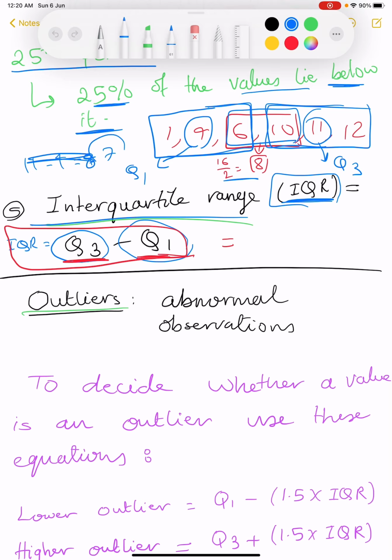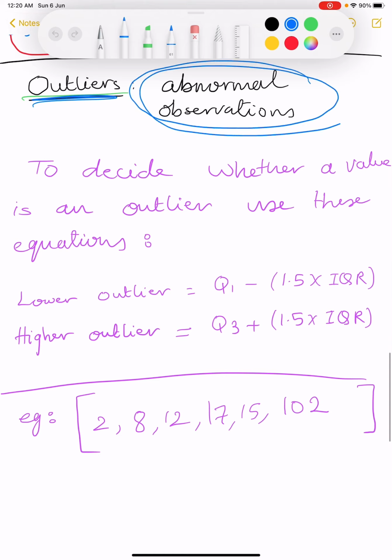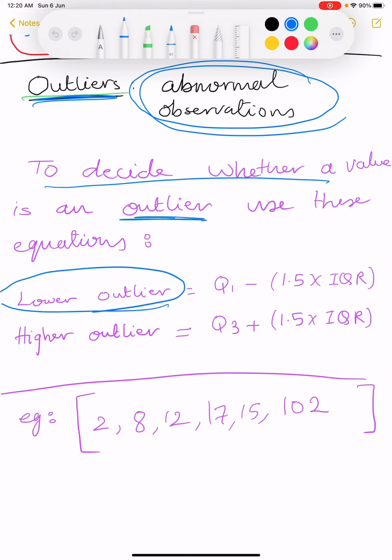That's all. Outliers are abnormal observations. To decide whether a value is an outlier or not, we use this equation. For the lower outlier, we say Q1 minus 1.5 times the interquartile range, and for the higher, Q3 plus 1.5 times IQR.